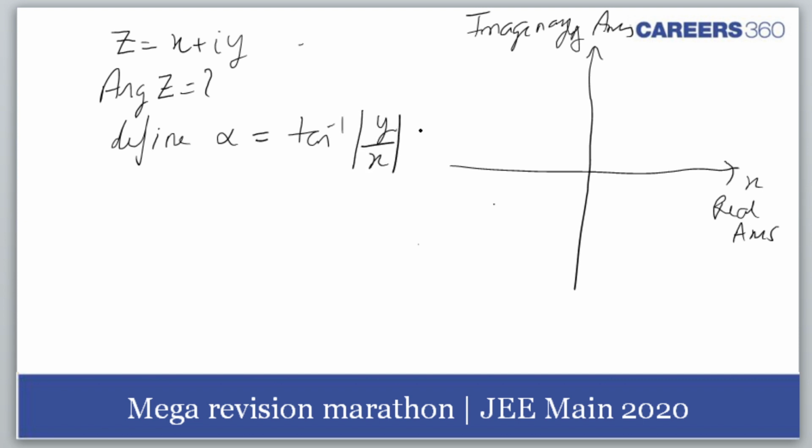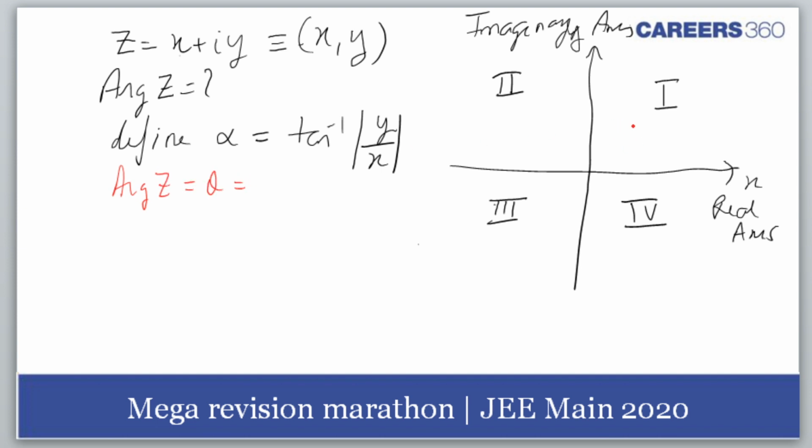Okay, now having defined like this, you figure out whether this complex number x plus iota y, which is nothing but the ordered pair x comma y, lies in the first quadrant, or the second quadrant, or the third quadrant, or the fourth quadrant. In which quadrant does it lie? Okay, now having decided in which quadrant it lies, you define theta, which is the argument of z.